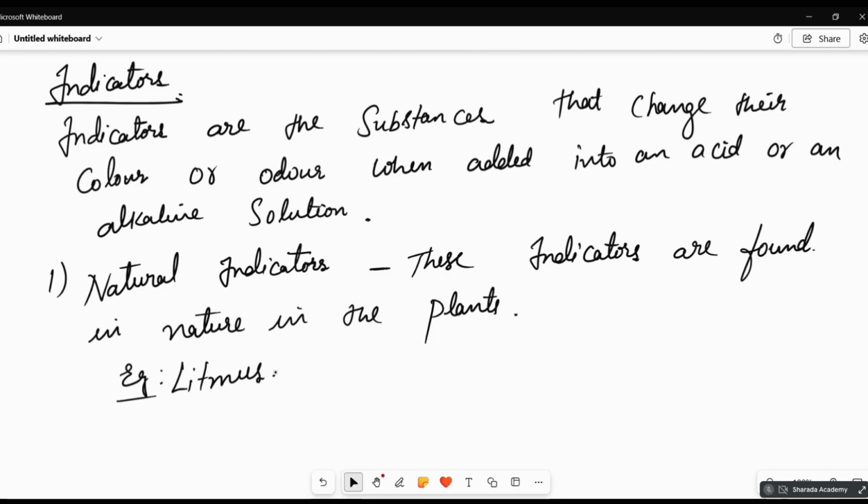Then you put that blue litmus in the others, and the acid turns it red again. So we came to know which is acid and which is neutral. If you have one litmus and three solutions, one of them is acidic, but you don't know which.